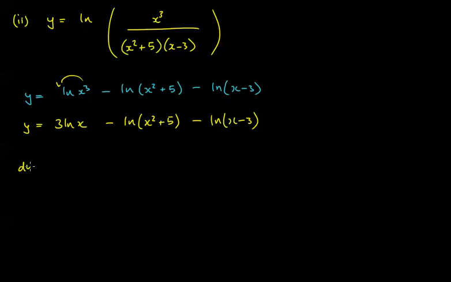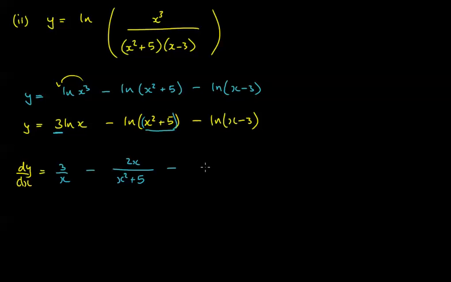Okay, now we can differentiate it. Remember, this is just a number multiplying natural log of x, so that's just 3 over x. Subtract, well, what would happen here? Using the chain rule, but the quick way of doing it, you'd have x squared plus 5 on the bottom, and on top the derivative of the thing inside, which is 2x.